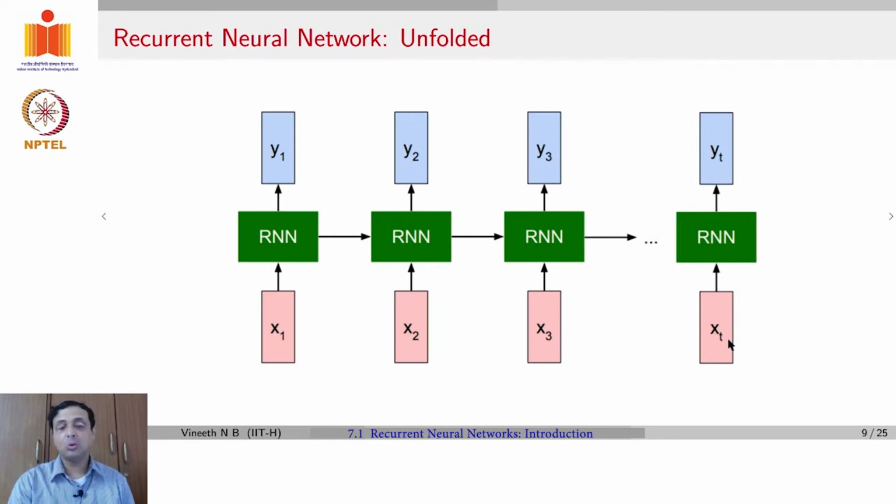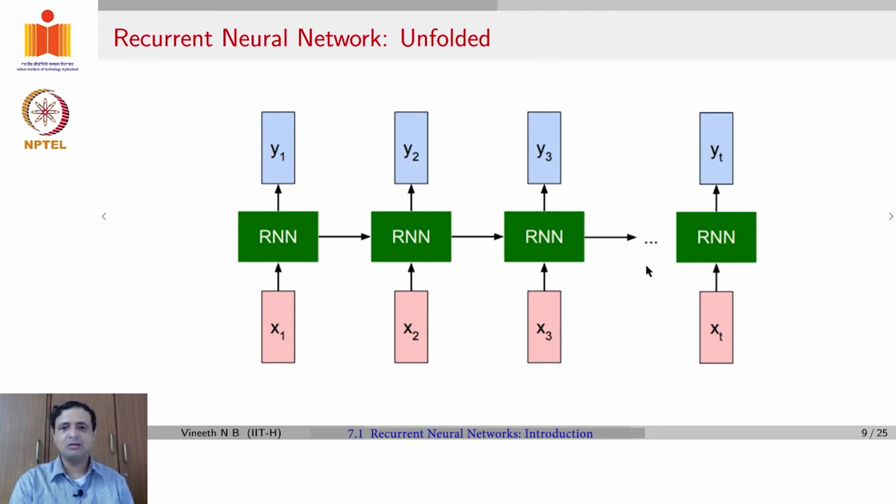This t here would correspond to that length of the sequence that you want to look at while making the prediction. And once t is decided, you could unroll the RNN this way, where the same operations inside this RNN block are used for the input at every time step.